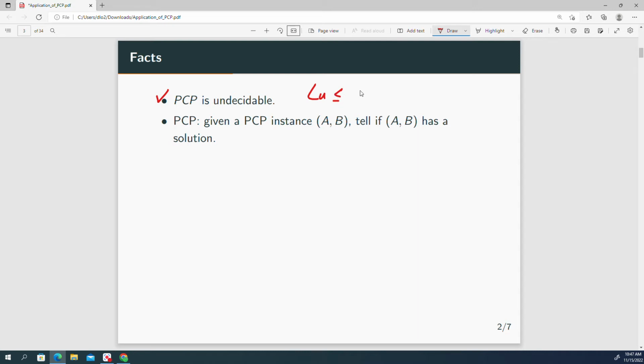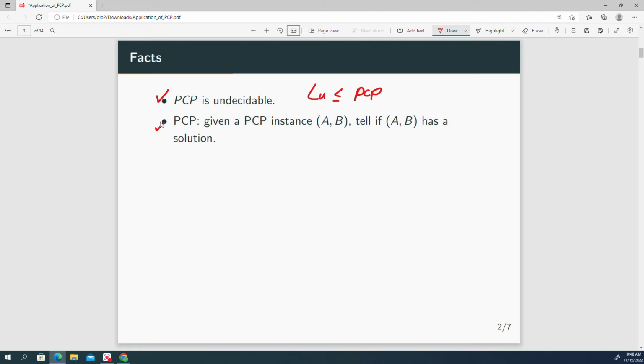So LU is reducible to PCP. I'm not going to prove it in this video because it's going to be quite long.